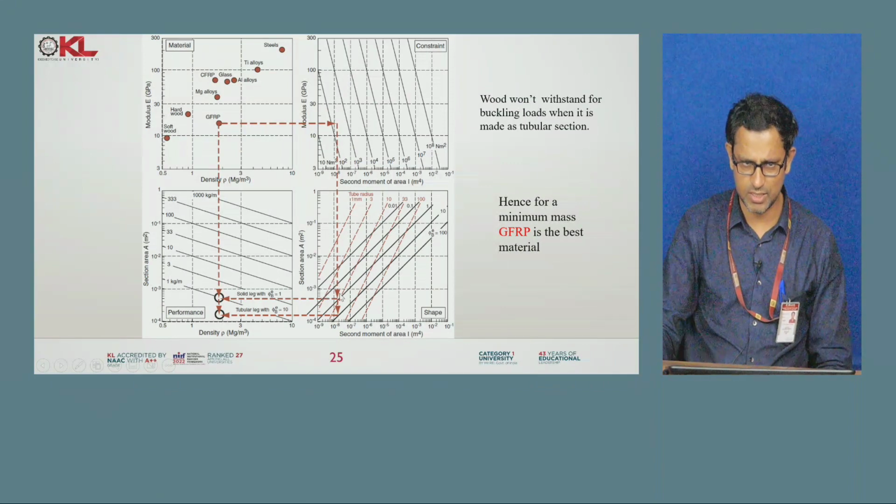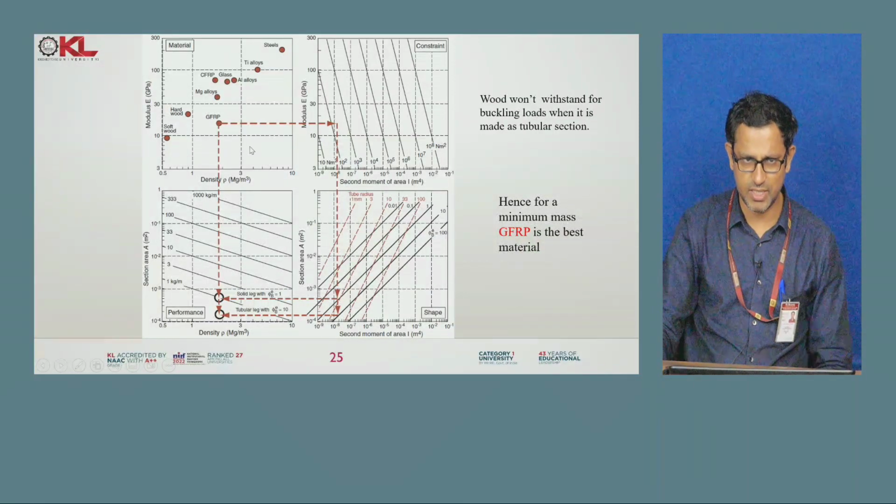So for this solid section, what is the performance? This chart, the standard area to the density, will give you the performance chart. This chart we will call the material chart, this chart we will call the constraints one, this one we will call shape, here it is performance. So if I choose the CFRP material and a solid cross section, I will get the performance here in this range between 10 power minus 3 to 10 power minus 4.